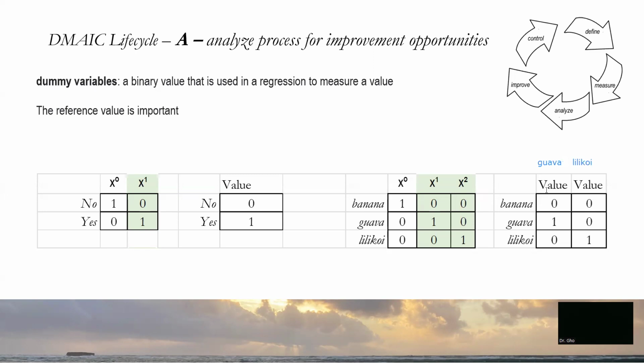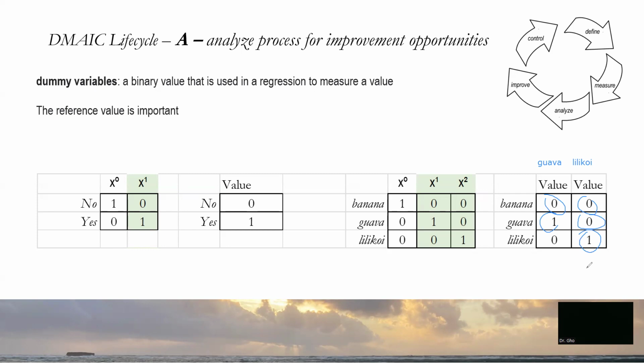If you don't have guava or lilikoi, if both of these are 0, that means it's a banana. By putting a value of 1 under the guava variable, that means the fruit you're looking at is guava. What this will tell you is the added effect of having a guava. The same thing with lilikoi: the added effect of having lilikoi from your base banana is going to be something.